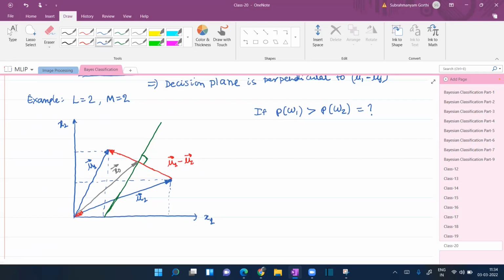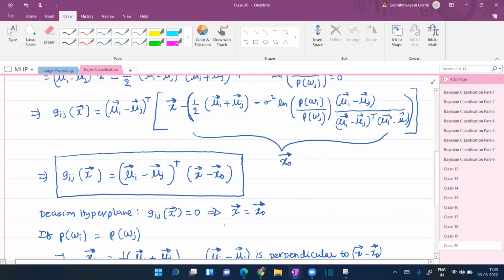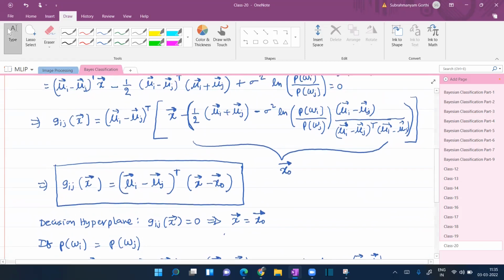Okay, so maybe I use a black color here. Will that still be perpendicular? Notice here x naught bar is varying. That value is not anymore mu i bar plus mu j bar by 2. From that you need to further subtract sigma square into the natural logarithm of probability of omega i by omega j, into whatever is there. You are going to subtract that.